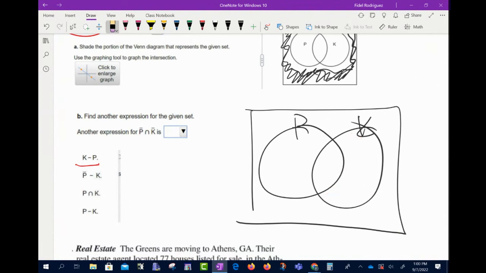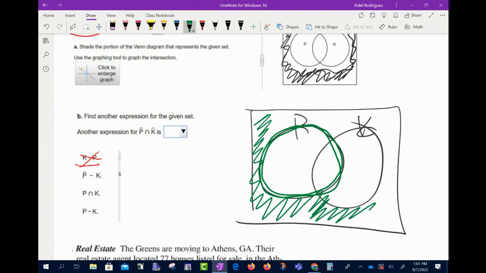Okay, so let me clean this up. I don't need it, but I know that that's not going to be the one I'm going to use. Now, the second one says P complement minus K. Okay, P complement, y'all. P complement would mean I'm going to shade everything outside of this green circle, but I don't want to include the letter K because we're subtracting that K, right?